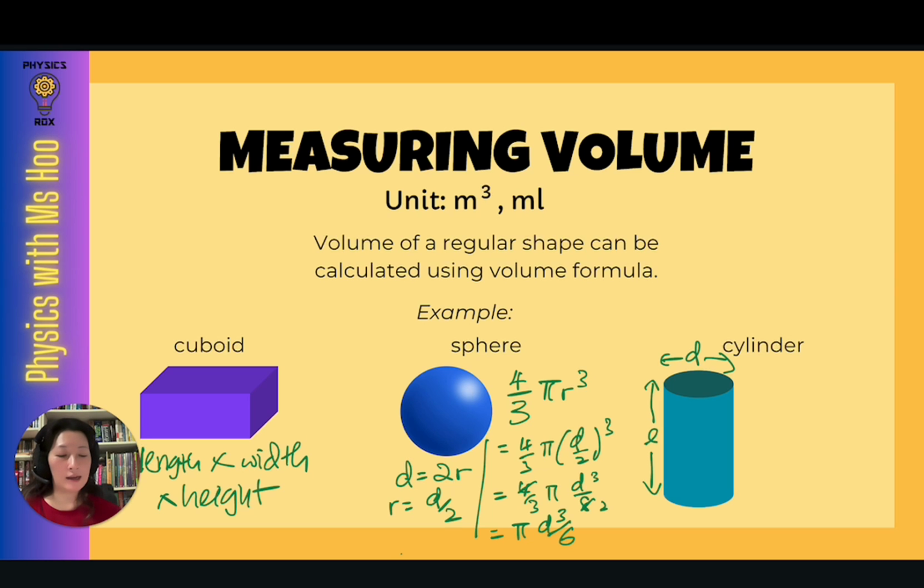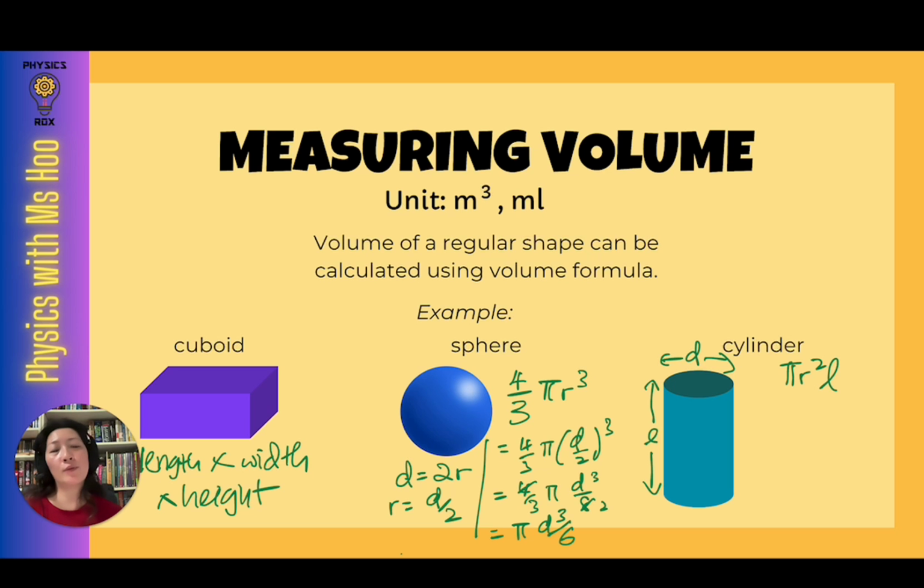Area of a circle is pi r squared. So the volume of the cylinder is pi r squared times L. As with the sphere, we normally don't measure the radius of the circle, rather we're going to have to measure the diameter. So substituting the same relationship of d and r in this case, that means r is d over 2. We're going to square this times L. Simplifying this, we would get pi d squared L over 4.